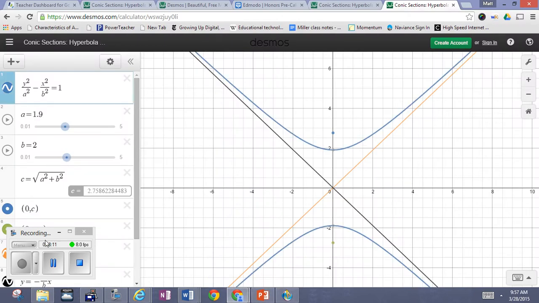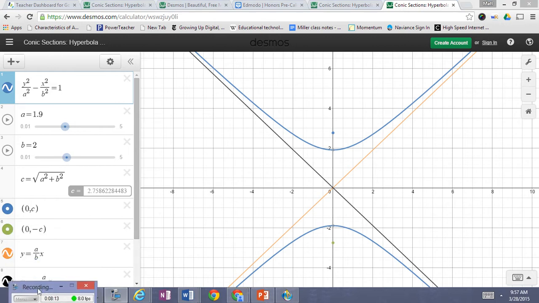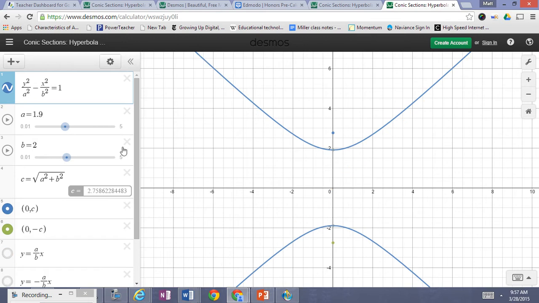We're going to illustrate where we're getting everything very simply. Again, this is one you'll have available to you. The foci given by the formula square root of a squared plus b squared are going to be, in this case, on the y-axis because of the orientation.